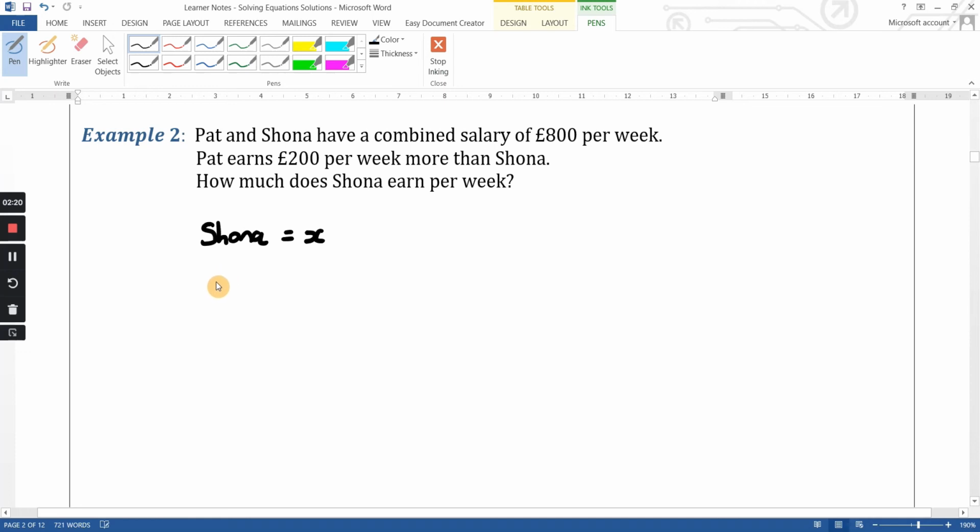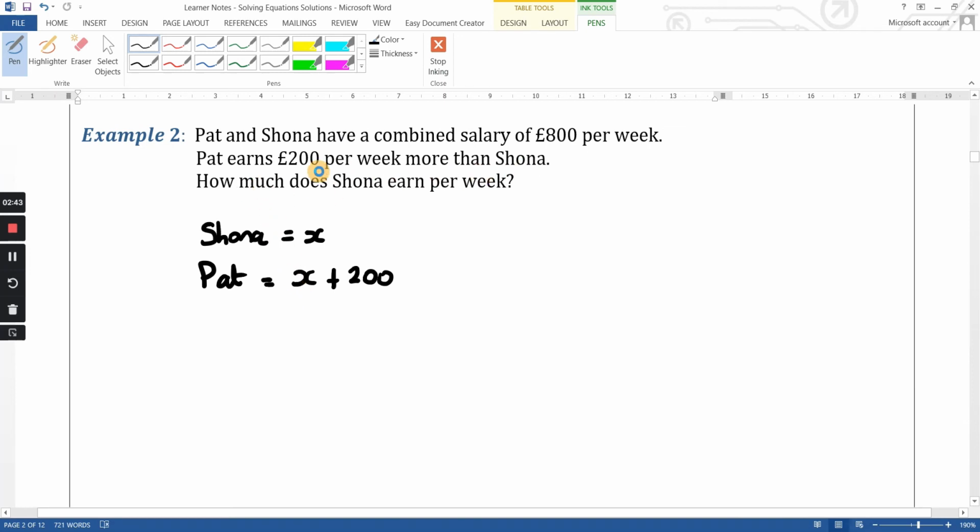So if Pat earns £200 more, Pat's salary is going to be X plus 200. Don't get mixed up with 200 times more. That's something different. Obviously that's multiplied by 200. This is £200 more, so it's added on top of what Shona earns. And what else are we told?